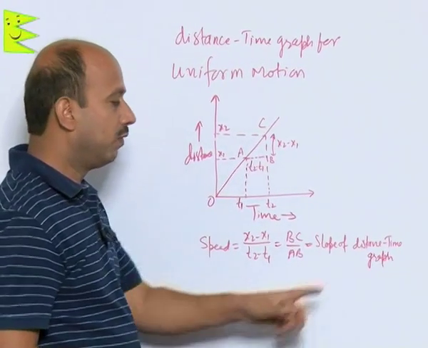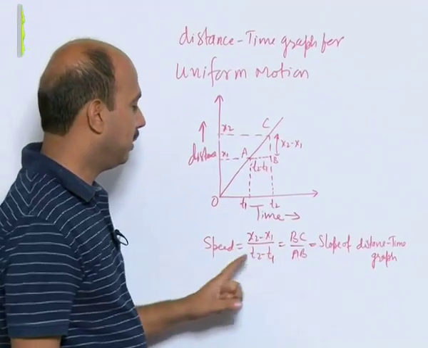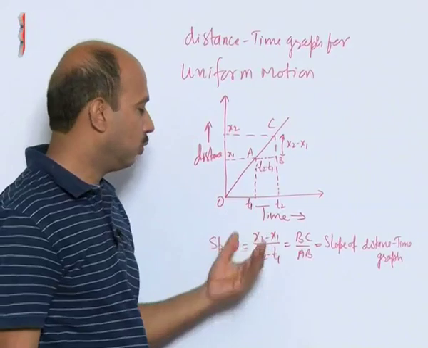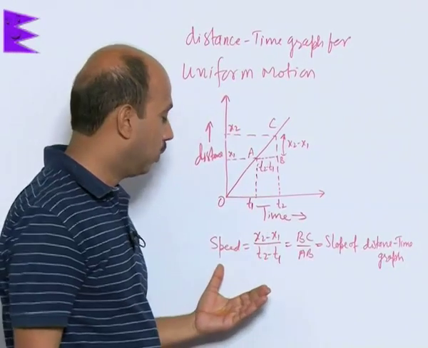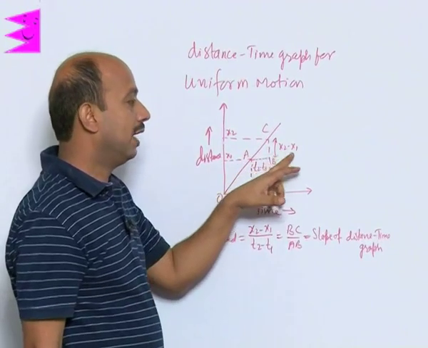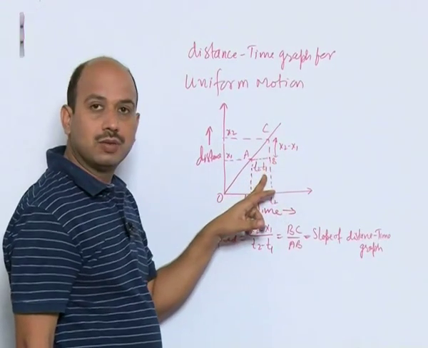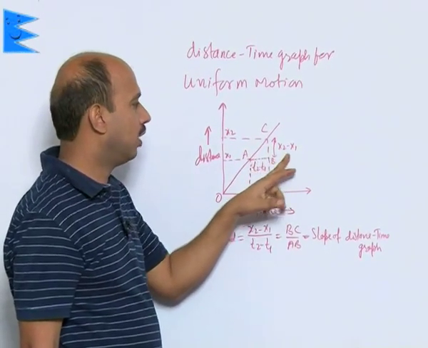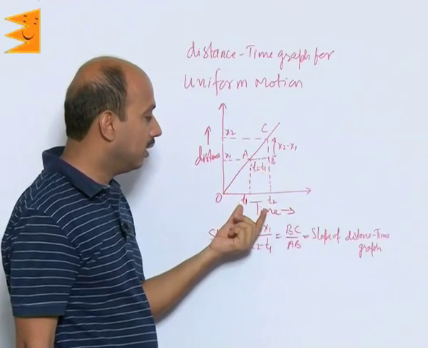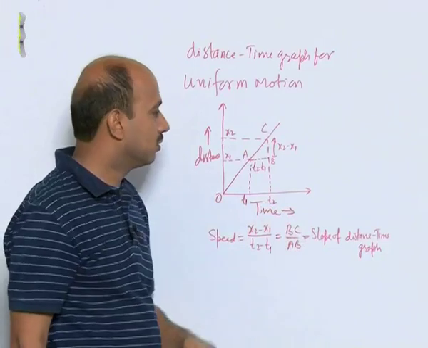So, slope of distance time graph represents speed. If the body is in a straight line, then it can also be said to be equal to velocity. So, see here x2 minus x1 and t2 minus t1, we have taken distance upon time. This is the distance travelled in t1 to t2 seconds.